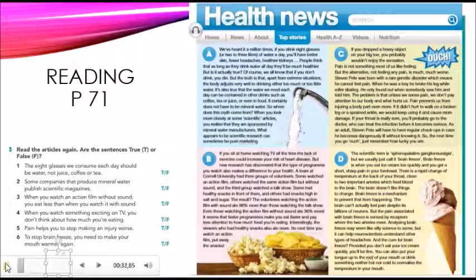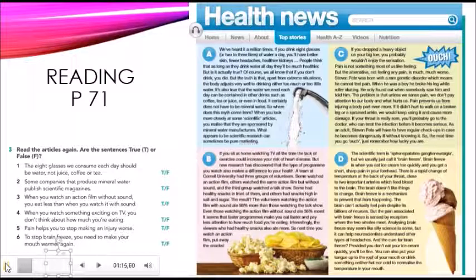But the truth is that, apart from extreme situations, the body adjusts very well to drinking either too much or too little water. It's also true that the water we need each day can be contained in other drinks, such as coffee, tea or juice, or even in food. It certainly does not have to be mineral water. So where does this myth come from? When you look more closely at some scientific articles, you realise that they are sponsored by mineral water manufacturers. What appears to be scientific research can sometimes be pure marketing.